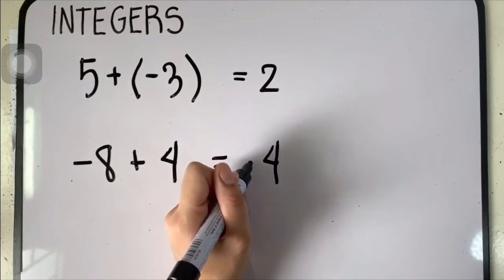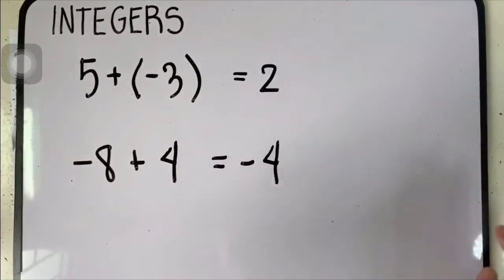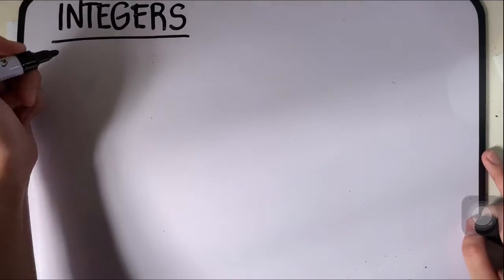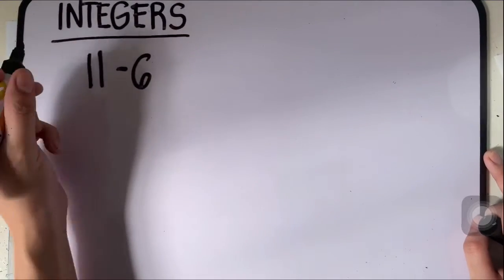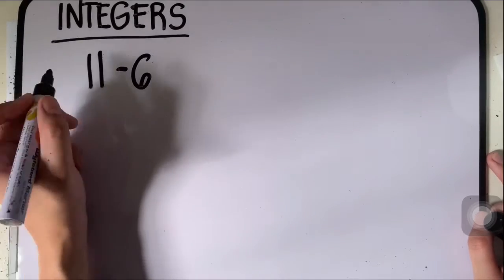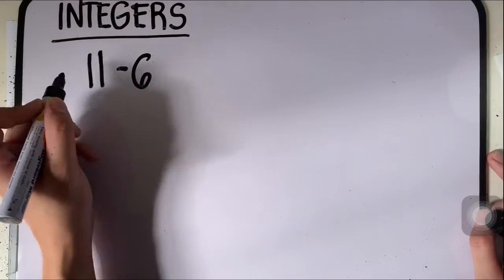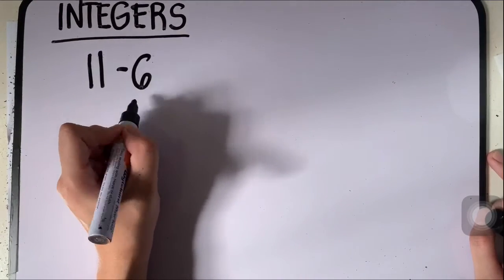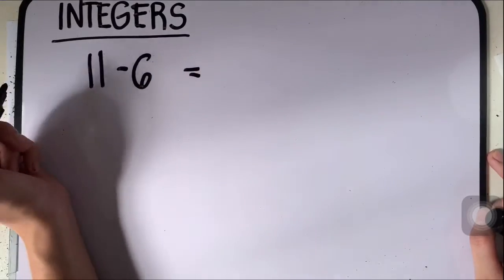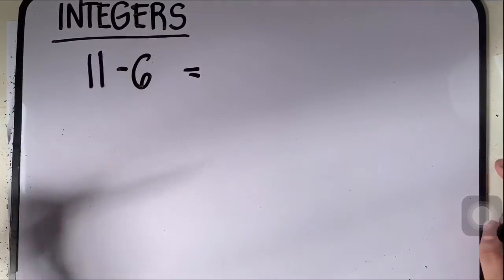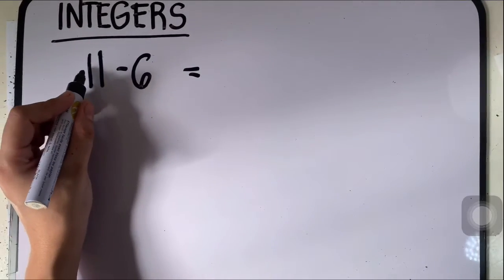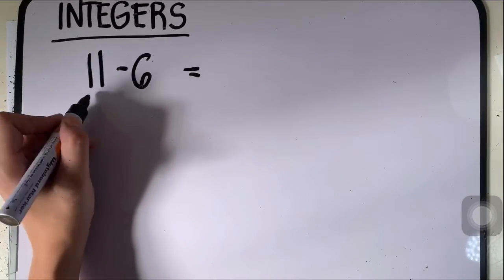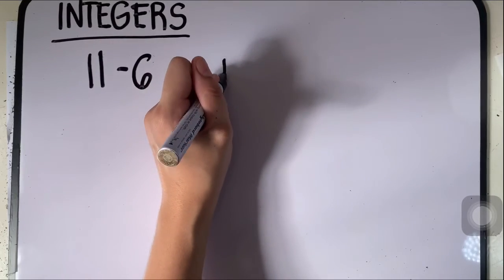So our final answer will be negative 4. Another example is 11 minus 6. They have different signs since 11 is a positive number and 6 becomes a negative number. So subtract them. 11 minus 6 is 5. The bigger value is 11, so our final answer will be positive 5.